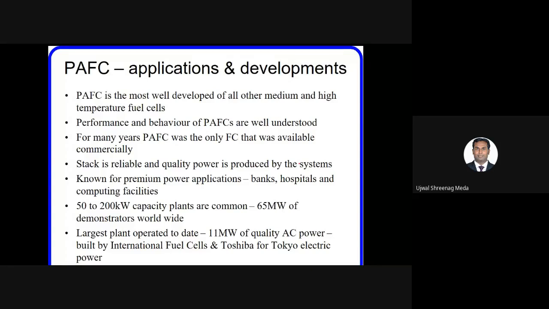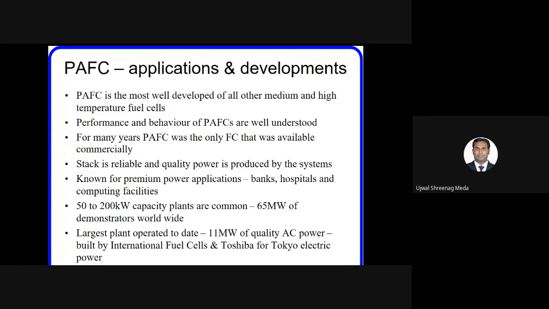You can definitely use it for premium applications such as hospitals, banks, where power outage is a major issue, which should not happen. So in such cases, definitely you can rely on PAFCs, and it is also known for premium power applications.